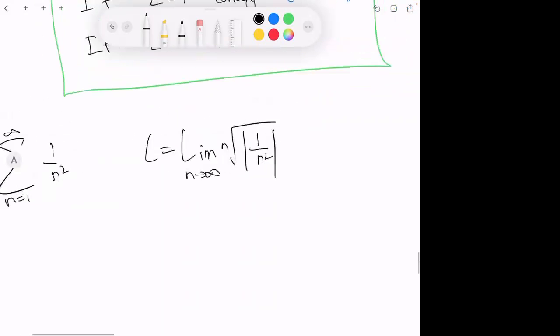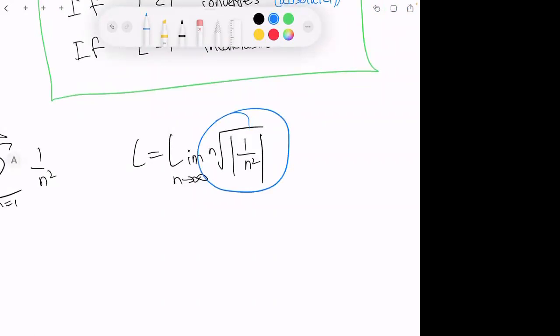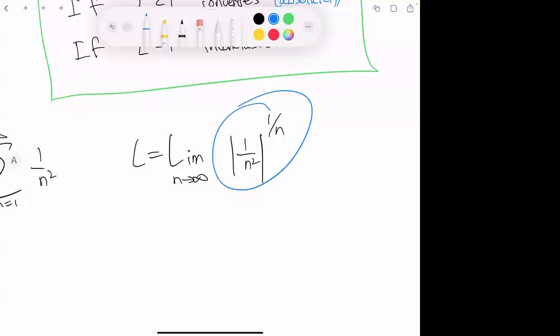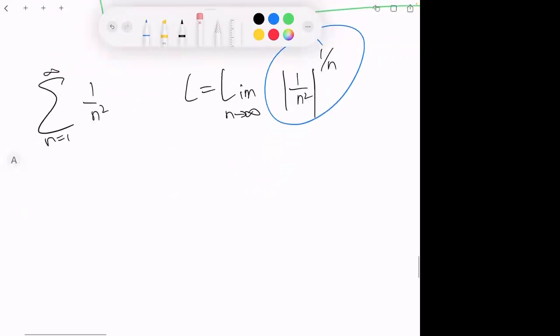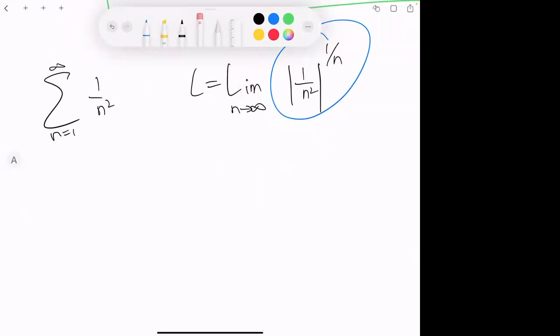But that's quite a hard limit to take. That 1 over n just adds a weird complication, and it's not really useful to do this because I have no idea how to take this limit. Or maybe I can with some clever technique, but this 1 over n thing is going to be hard to handle. So this is not an example where you would want to use the root test.